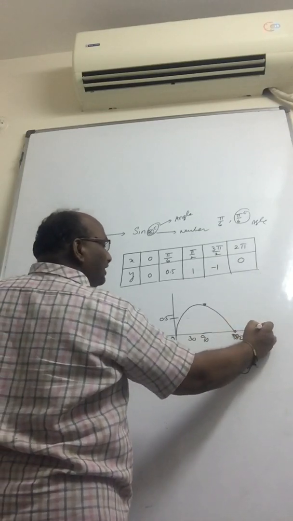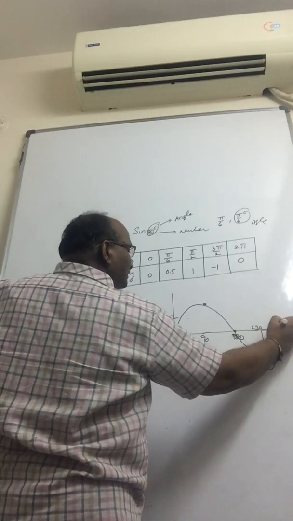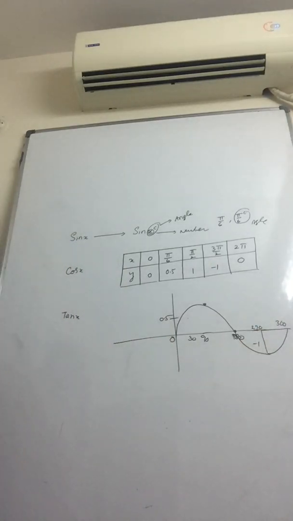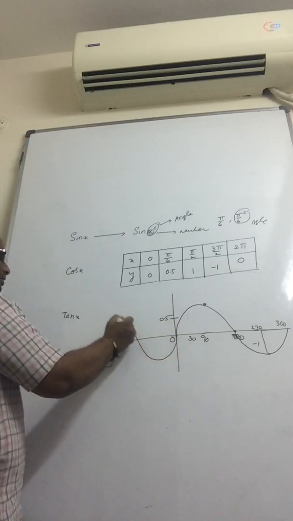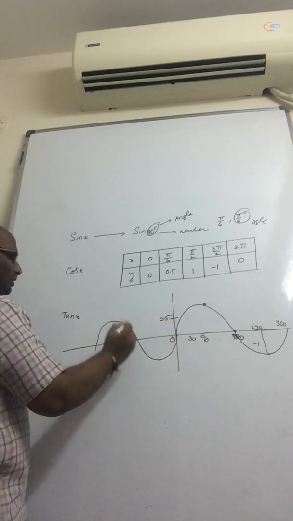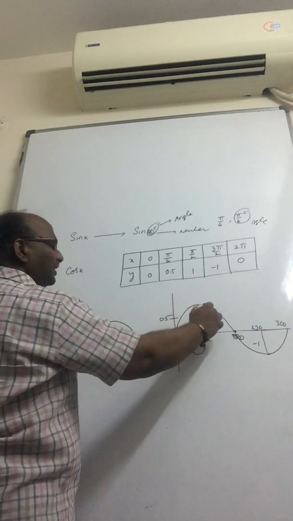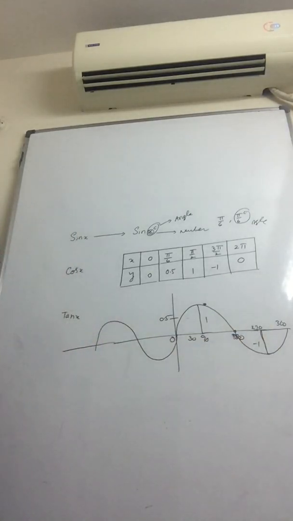Again for 270 it is -1, and for 360 it is 0. This is the sin x graph. So by taking more values, the graph looks like this. This is the graph of the sin x function, where it attains its maximum of 1 at 90, and minimum of -1 at 270. Not only at 90, for different values of x also it attains its maximum.